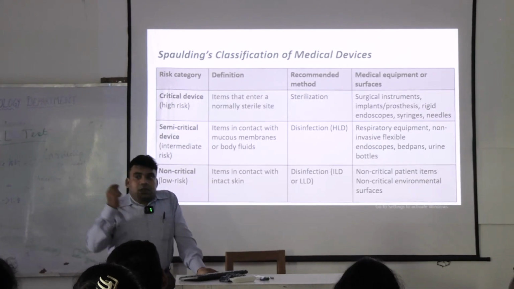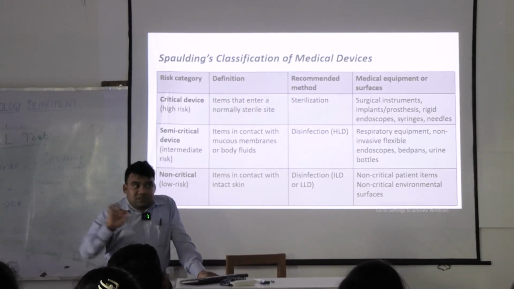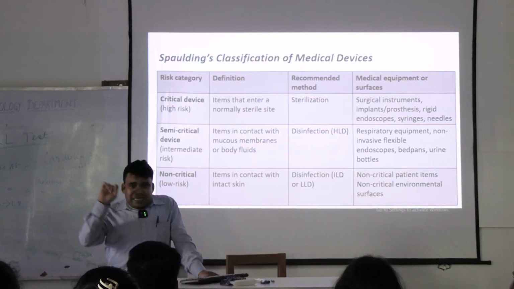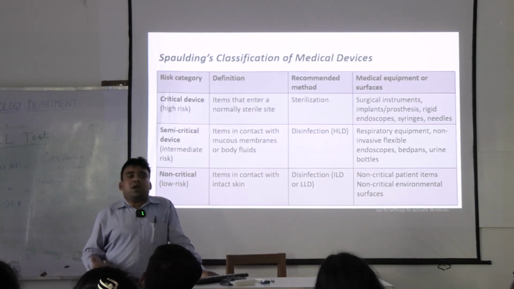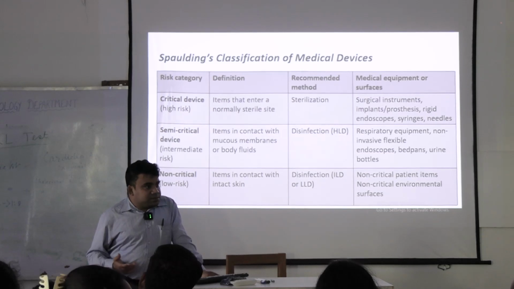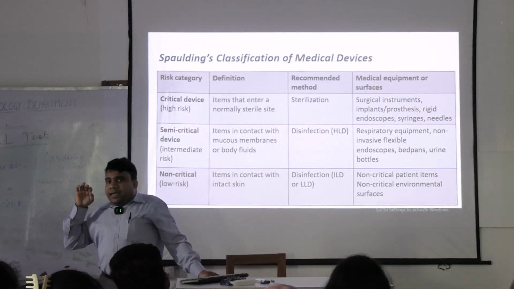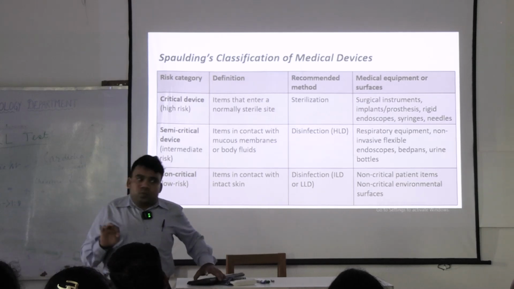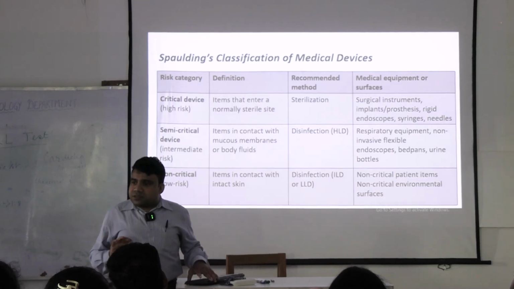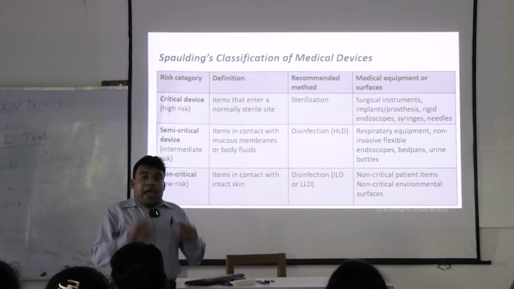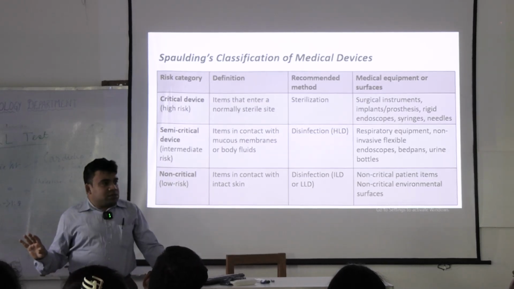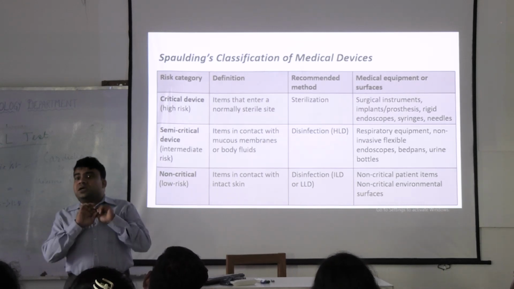So even a commensal bacteria that is present on the skin or mucous membrane of the human body, if it gains access into the cerebrospinal fluid, what will happen? It will cause meningitis. So any device which enters into these sterile areas, what has to be the nature of that device? It has to be absolutely devoid of any form of microorganisms, even spores. That means it should be completely sterile.